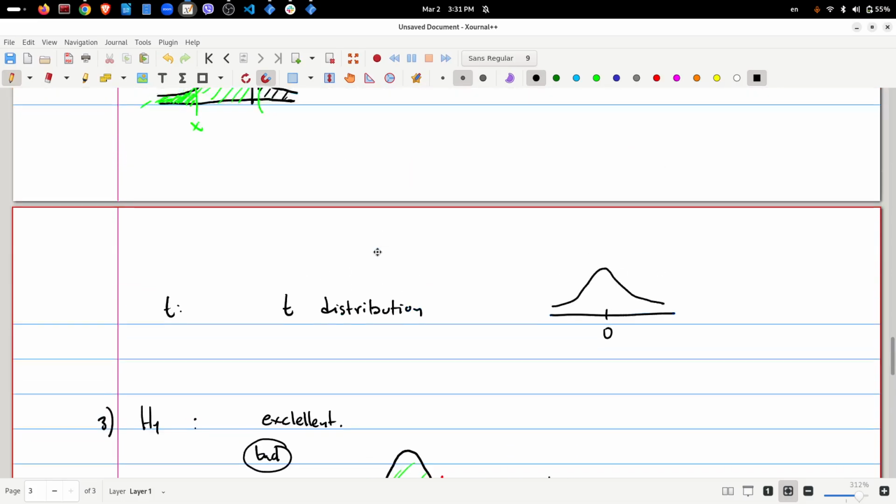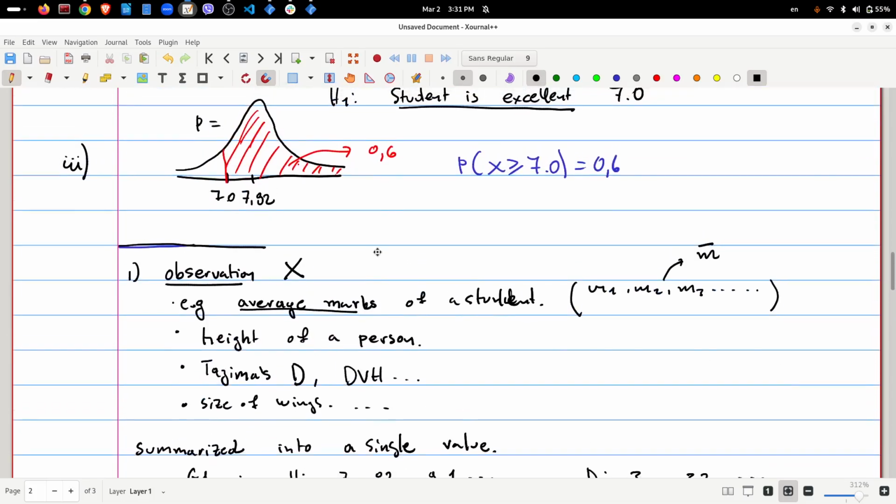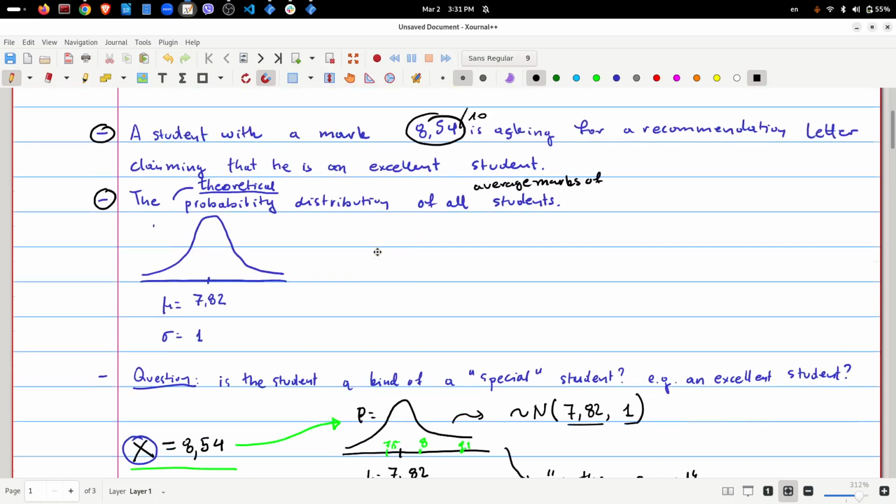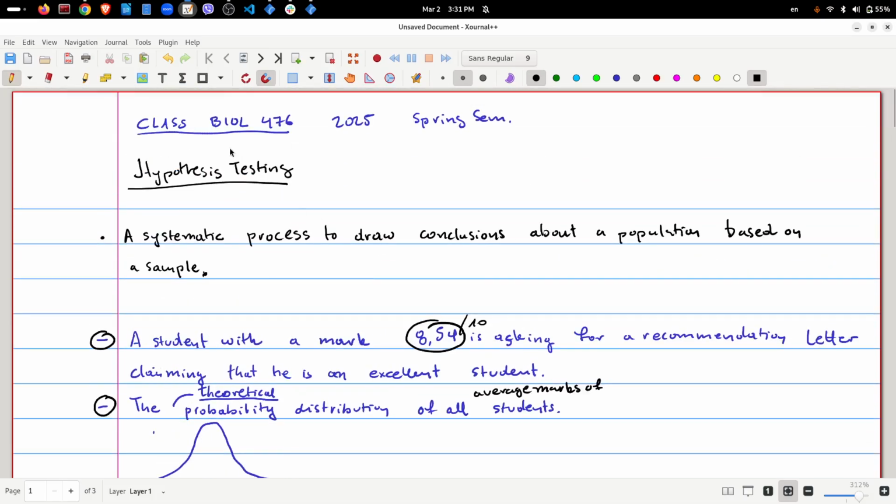So this is about the hypothesis. Testing is a really key thing when we have to judge some hypothesis based on some sample that we have. That's all.